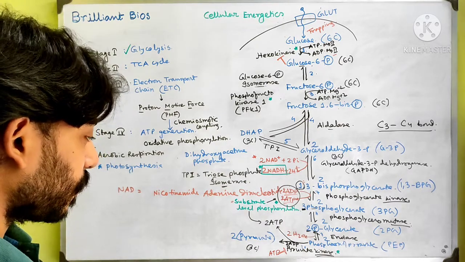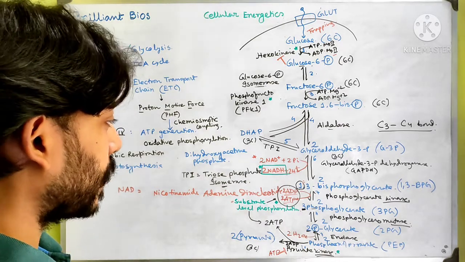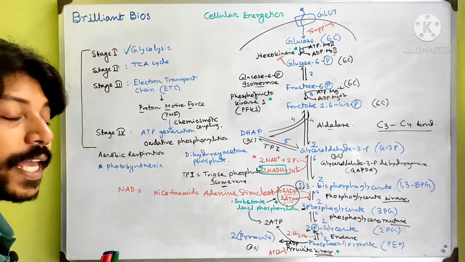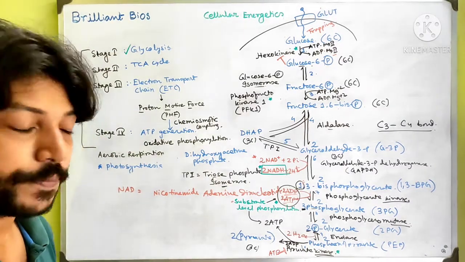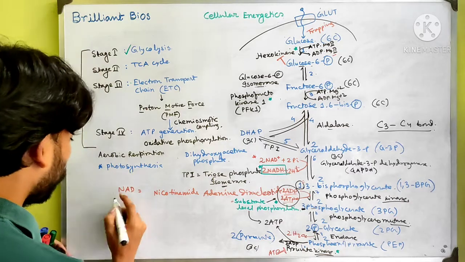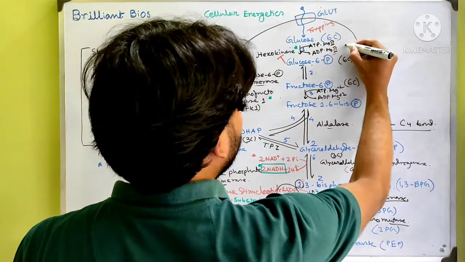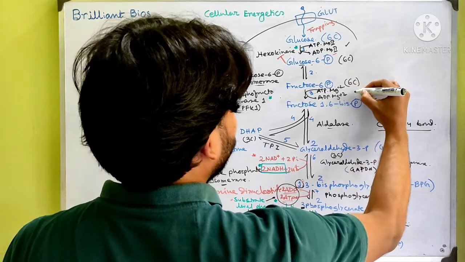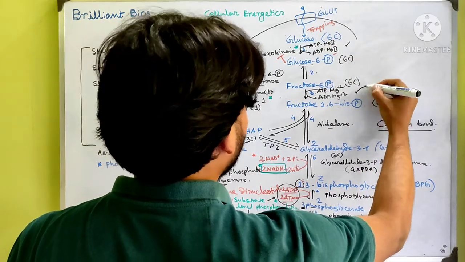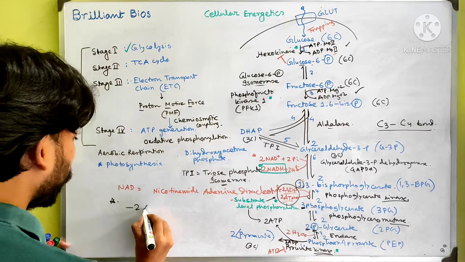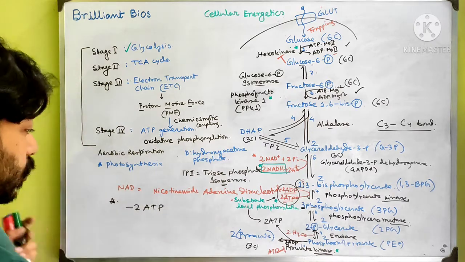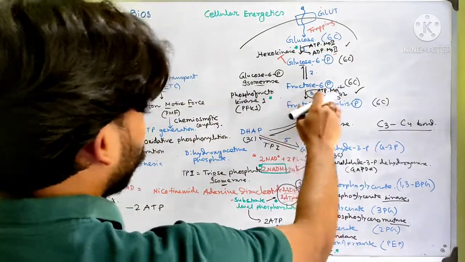And the important fact about glycolysis is how much energy we gain as ATP. Now let me check. Can you see here that one ATP molecule is destroyed? In this step also one ATP molecule is destroyed. So there are 2 negative ATP molecules. So there is no gain up to this 3rd step.